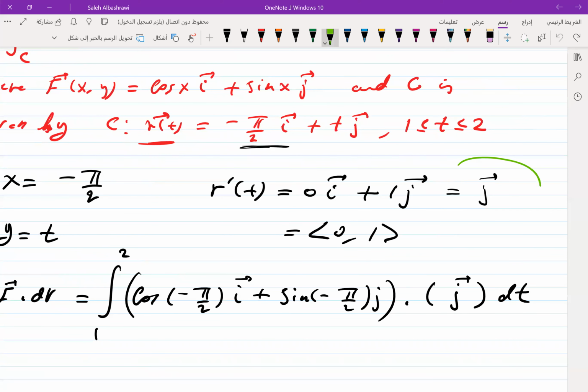This is the derivative, r prime. What we did, we replaced x by this component in the vector function r of t, and we took the dot product with the derivative of r of t, which is (0, 1), or only j.